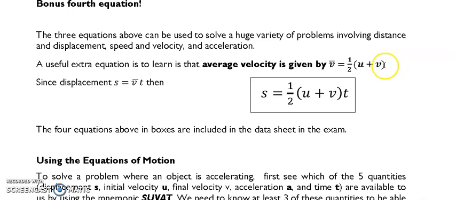So that's the average velocity. And we know that displacement is the velocity multiplied by the time. So we get the formula for average velocity, a half (u plus v), multiplied by t for time. So we finish up with our fourth equation of motion, which is s equals a half (u plus v) times t.